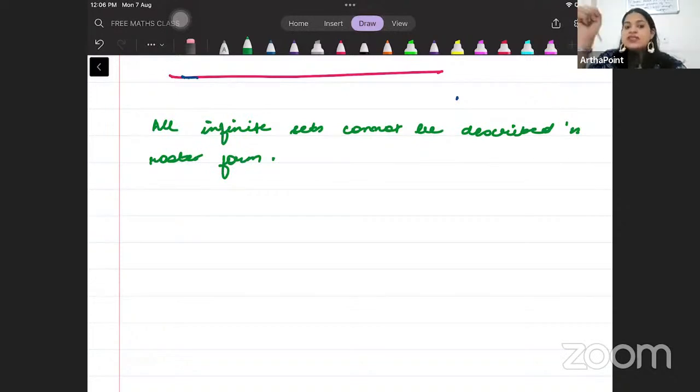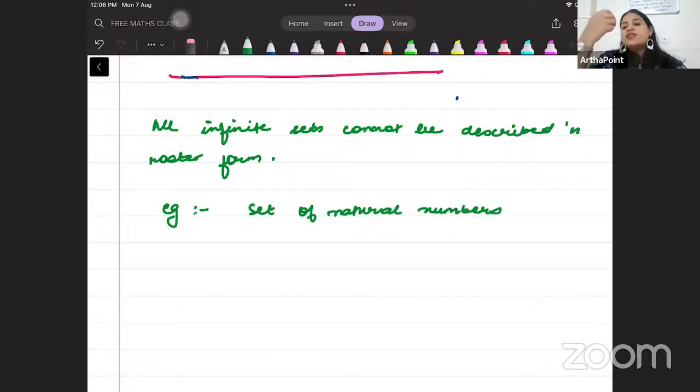For example, the set of real numbers cannot be described in the roster format. ये possible नहीं हो पाएगा कि हम real numbers को roster format में define करें. और बेटा set builder format में भी, जैसे for example, the set of natural numbers. But this is infinite.